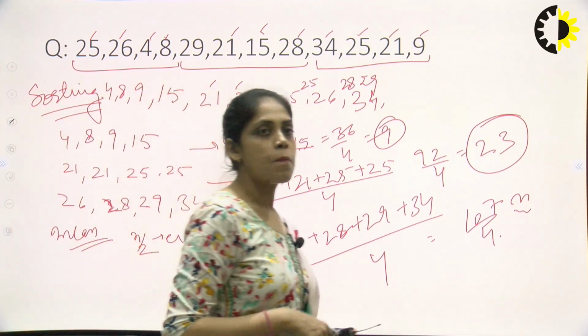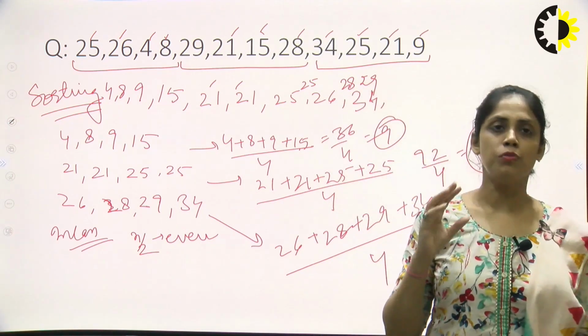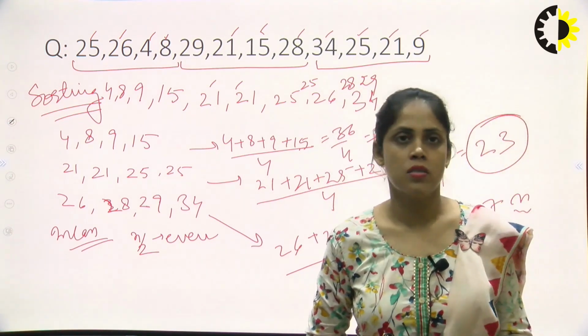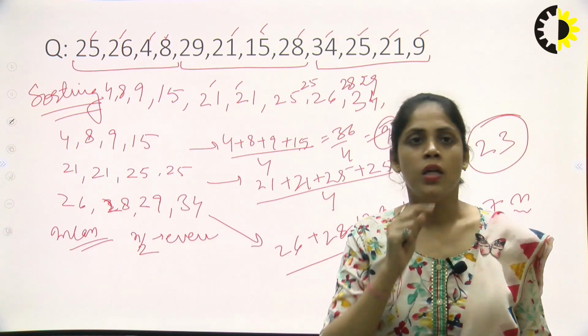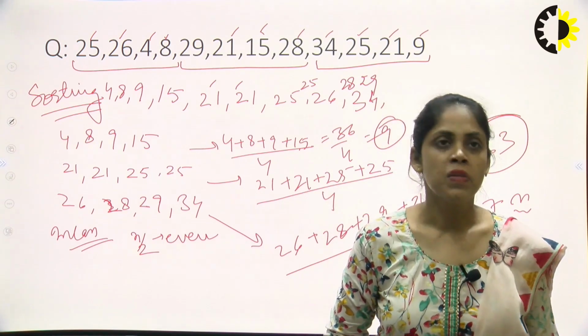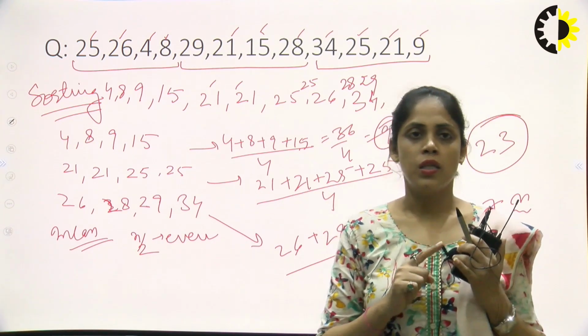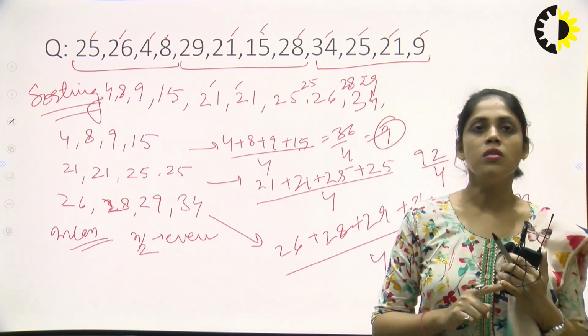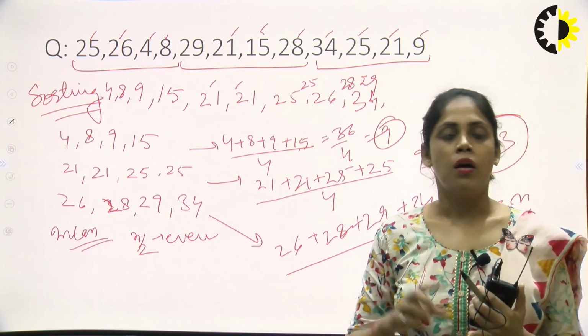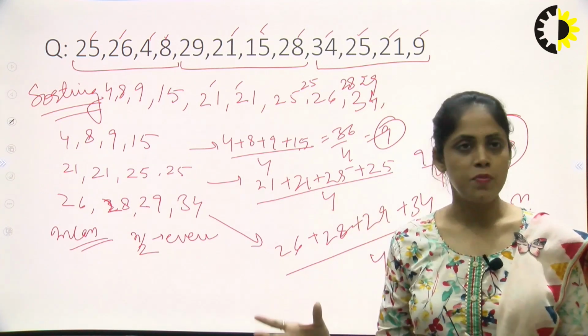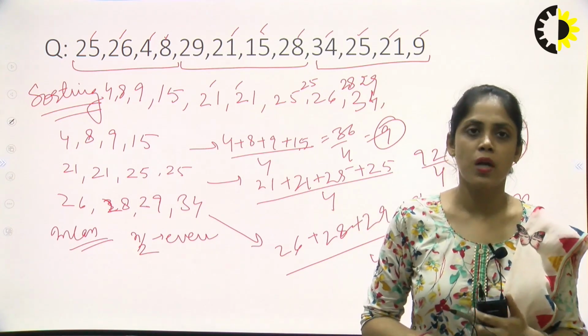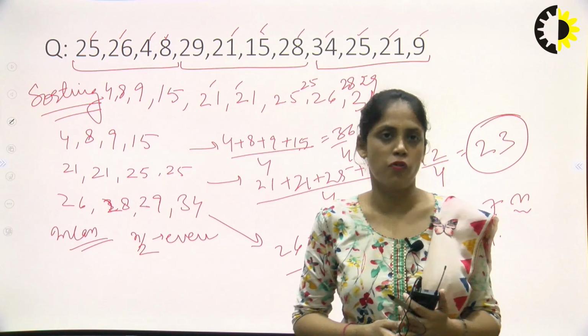So whenever we want to remove errors or noise from a particular data set, first of all, we need to perform the sorting. Second, you need to check how many items are there and how we can equally divide those items into whatever number of bins.